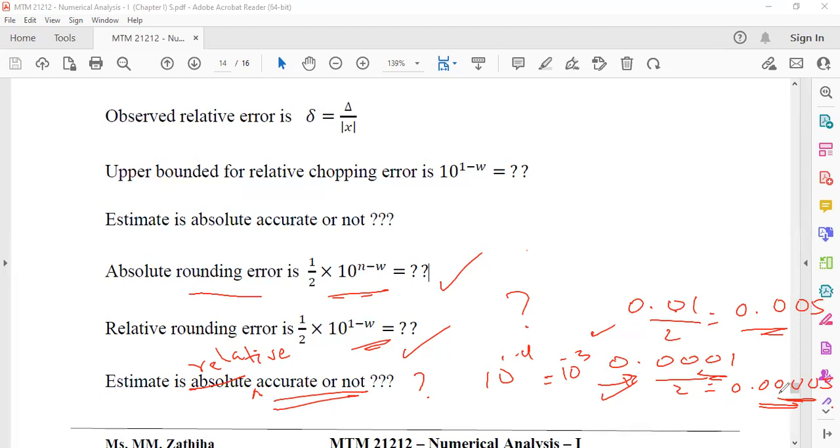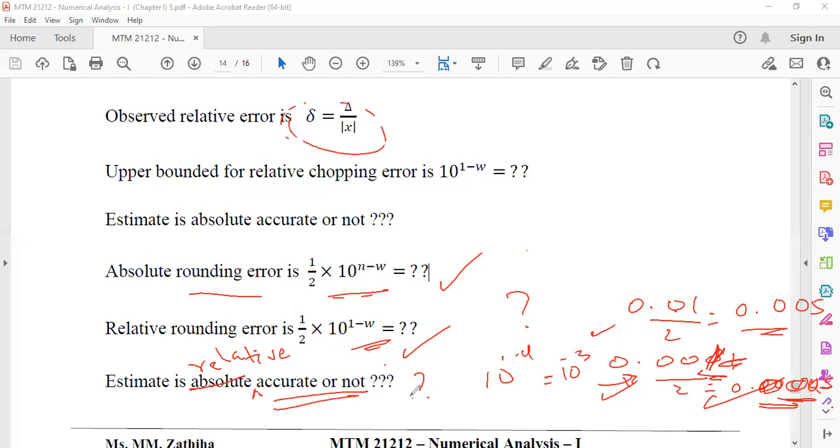Okay, sorry. This will be 00. Okay, this one, no? Sorry about that. 001. Okay, 0.00305. Okay, correct. Okay, good. Okay, can you tell me the relative is this one?